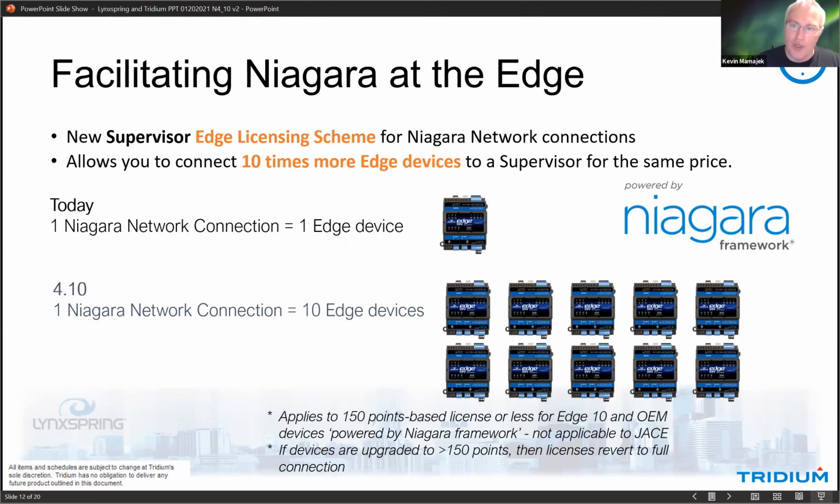And what we've heard is that we need to actually have multiple connections to that supervisor with only one network connection. So with 4.10, we've actually modified that licensing component so we can facilitate connecting one Niagara connection up to 10 devices, 10 edge devices, right? Not JACEs, but actual edge devices. So that's important to know on how we want to scale these types of things out into our enterprise.